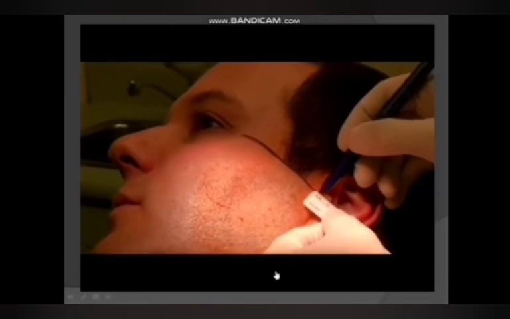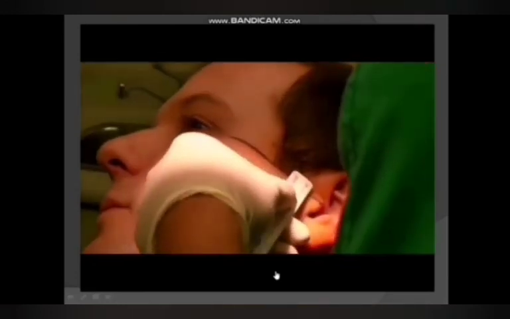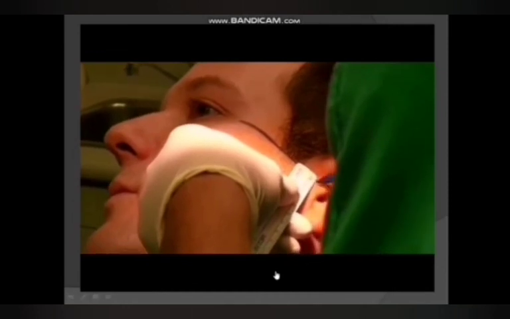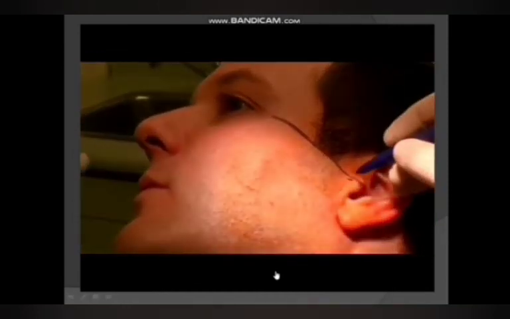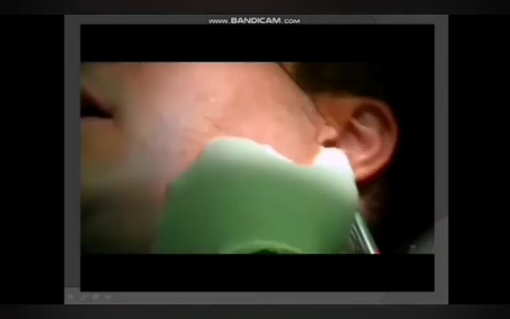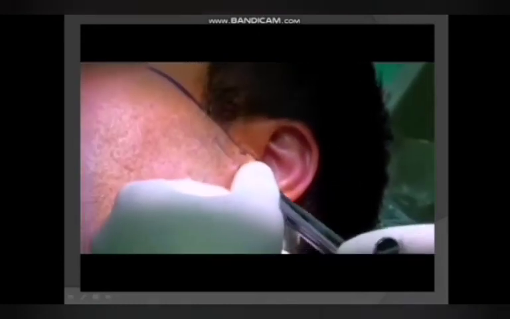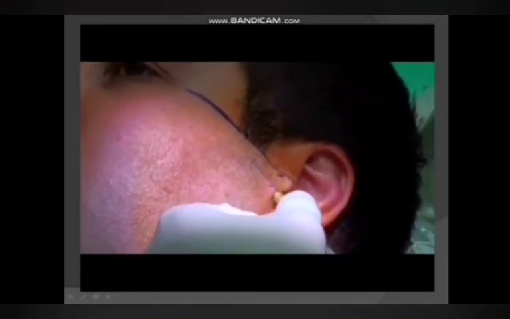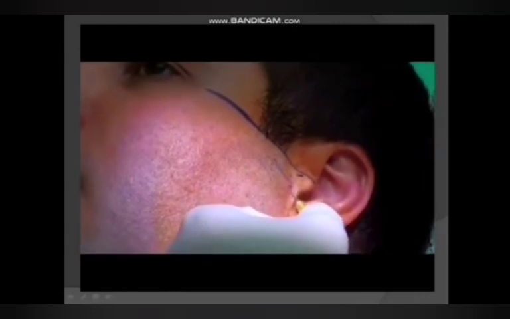I'm going to show you a short video about the procedure of arthrography and how we're going to insert the instrument into the joint space. Local anesthetic is injected to insufflate or blow up the superior joint space prior to insertion of the irrigation instrument.